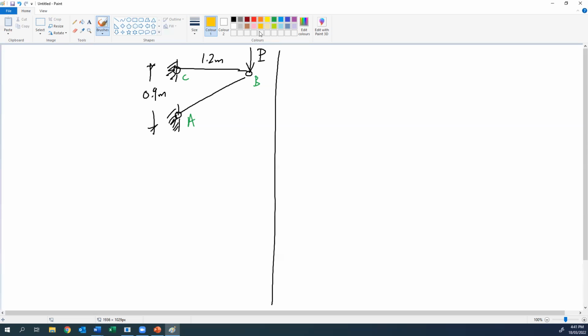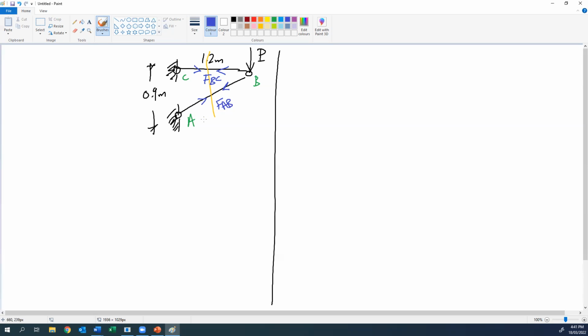Similar to what we have done last week, if we cut here, we will assume that the force in member BC is tension and call it FBC, and the force in member AB is also tension and we call it FAB.